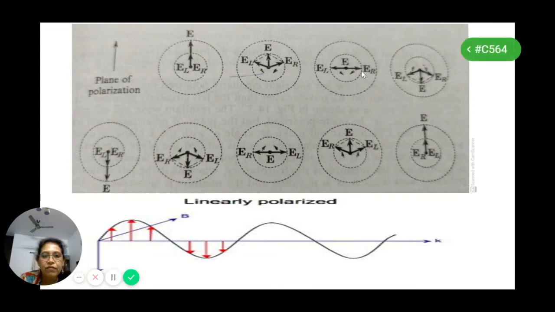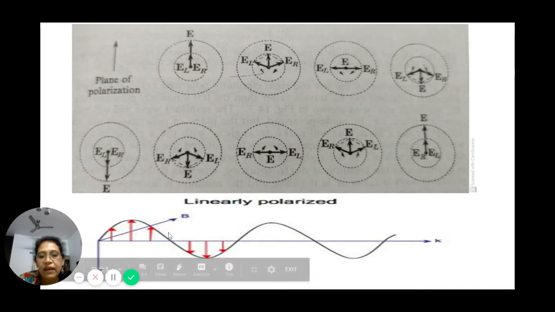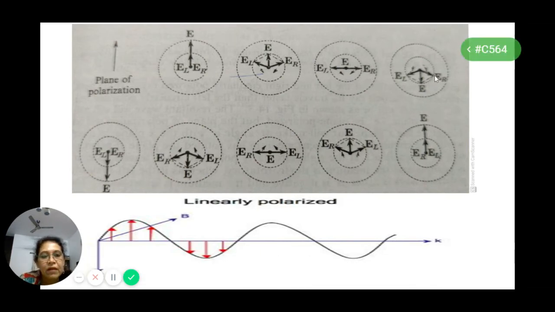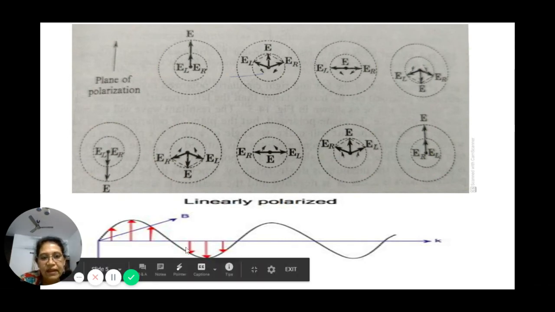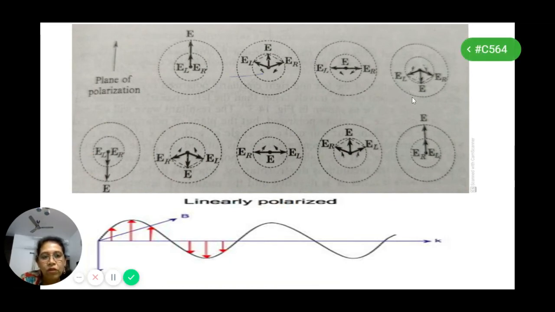In the next diagram, ER is in one direction and absolutely opposite is EL. As it is vectorial addition, we can see the vectorial addition is 0, and thus we come to the node of this particular wave. In the next case, ER is rotating and EL is also rotating, and thus the vectorial addition is in the other direction now, and so this is where we represent it. In the next case, now both of them have gone to the extreme opposite side.